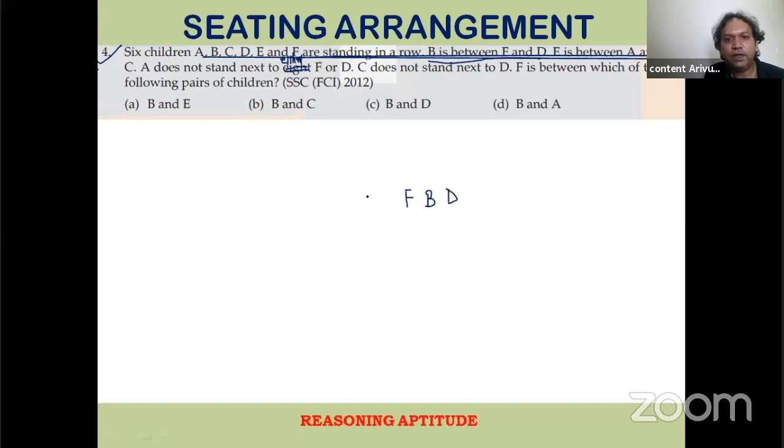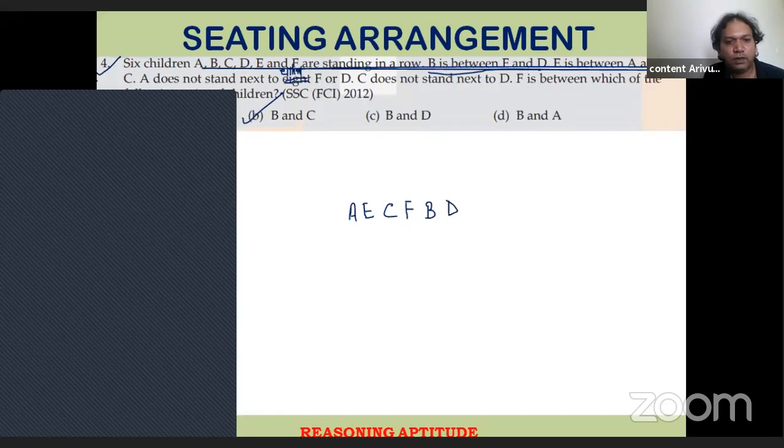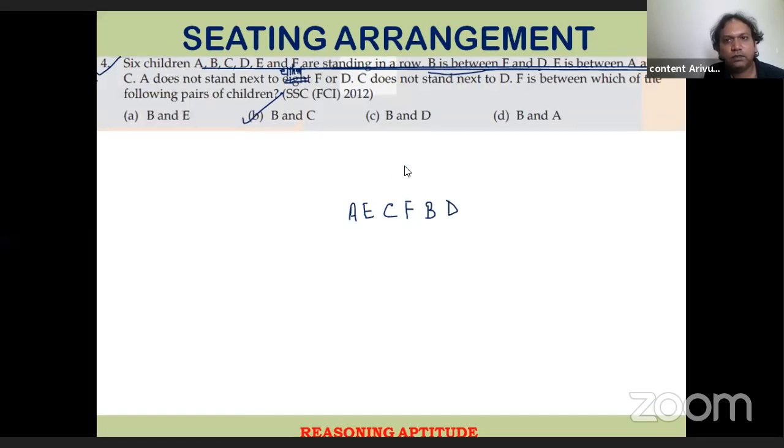So E is between A and C. So let's say E is here. A does not stand next to either F or D, so that's correct here. And C does not stand next to D. F is between which of the following pair of children? F is between C and B. So answer will be B. B and C. Correct answer is B here.